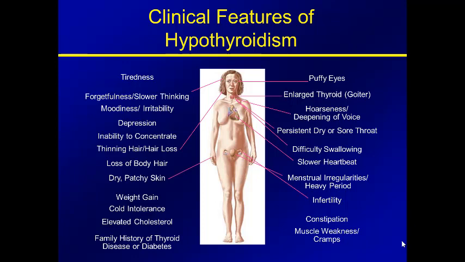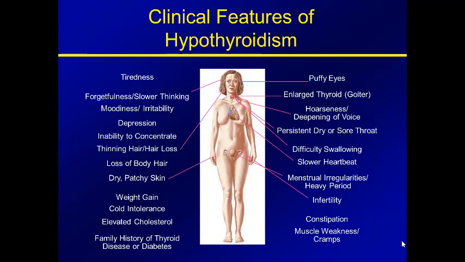Sometimes forgetfulness and slow thinking, moodiness, irritability, depression, inability to concentrate, abnormal thinking with slow cerebration, and thinning of the hair and hair loss, loss of body hair, dry, patchy skin, weight gain, cold intolerance, elevated cholesterol, and family history of thyroid disease or family history of diabetes, puffiness of the eye, enlarged thyroid gland likely to be goiter, hoarseness of voice or deepening of voice, persistent dry or sore throat, difficulty swallowing, slower heartbeat, menstrual irregularities, heavy periods, infertility, constipation, muscle weakness, and cramps.